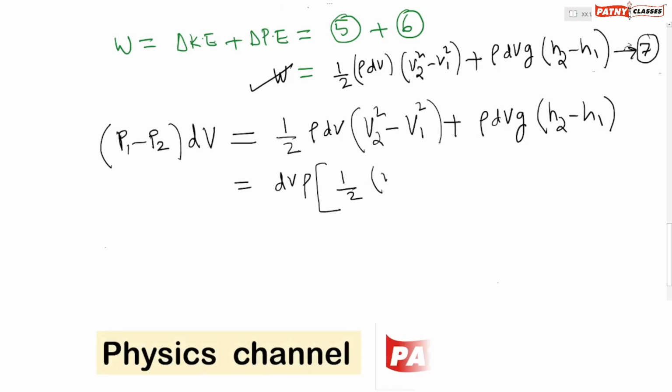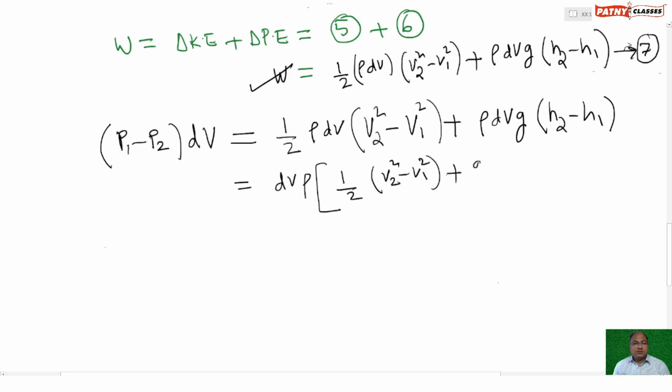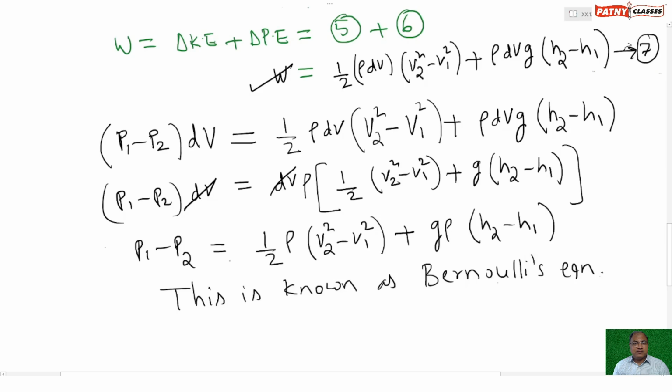So half (V2 square minus V1 square) plus g multiplied by (h2 minus h1). On the left side we have (P1 minus P2) multiplied by dV, cancelling dV on both sides. So we get P1 minus P2 equals half rho (V2 square minus V1 square) plus rho multiplied by g multiplied by (h2 minus h1). This equation is known as Bernoulli's equation.